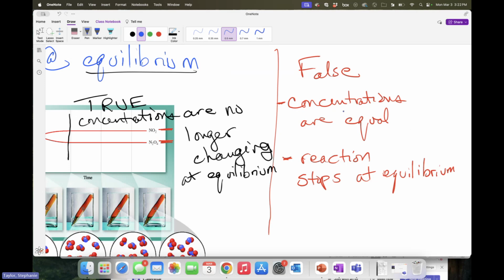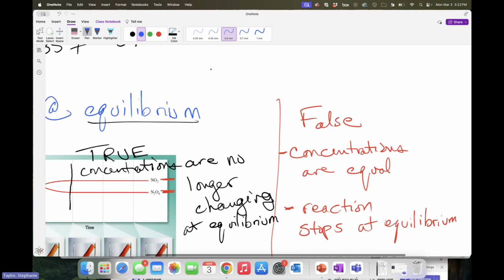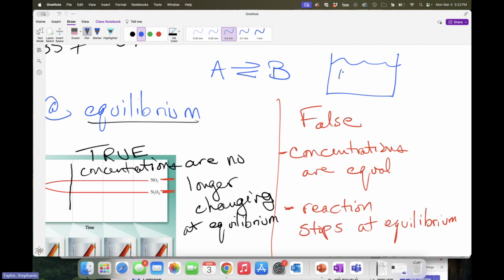This is part of the reason why we represent equilibrium with equilibrium arrows going back and forth. If I have in my container 3 molecules of A and 1 molecule of B, and one of my molecules of A reacts to become a molecule of B, and now I have a molecule of B where I once had a molecule of A, what we assume is that one of the molecules of B is also changing into A.